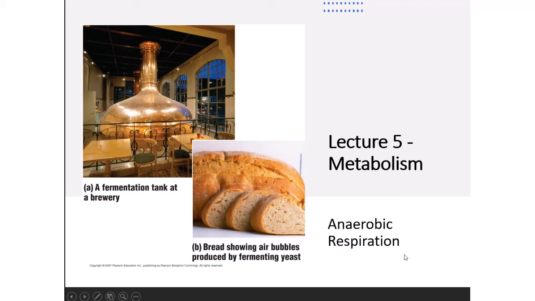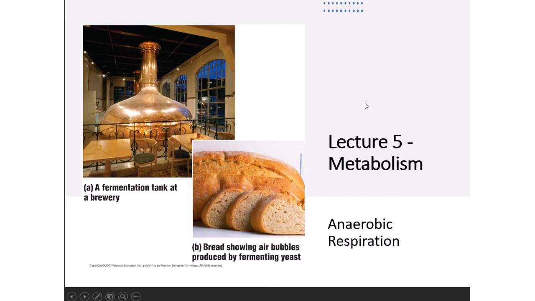Okay, so in humans we do anaerobic respiration in the form of lactic acid fermentation. In something like yeast, which we use to make wine, as well as a leavener for bread baking, they use a type of anaerobic respiration called alcoholic fermentation.